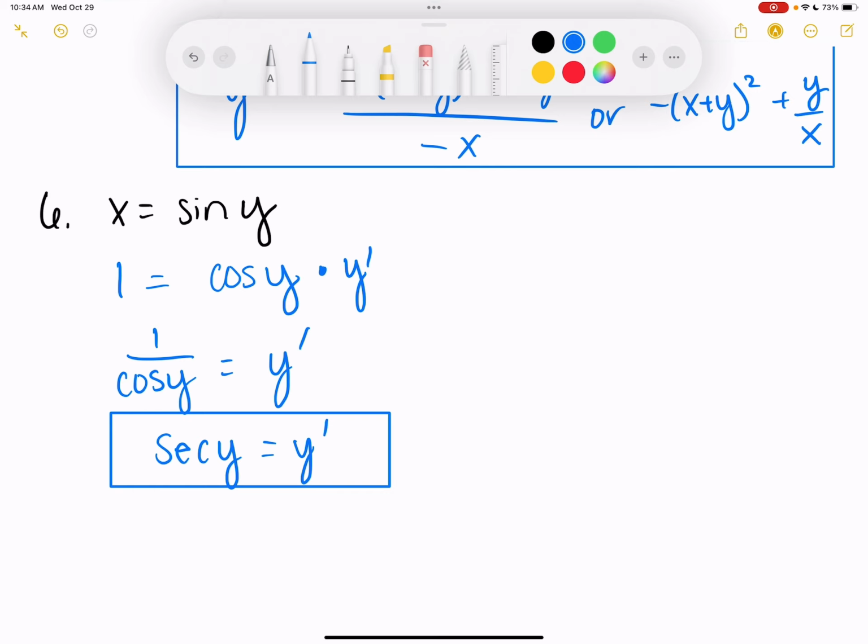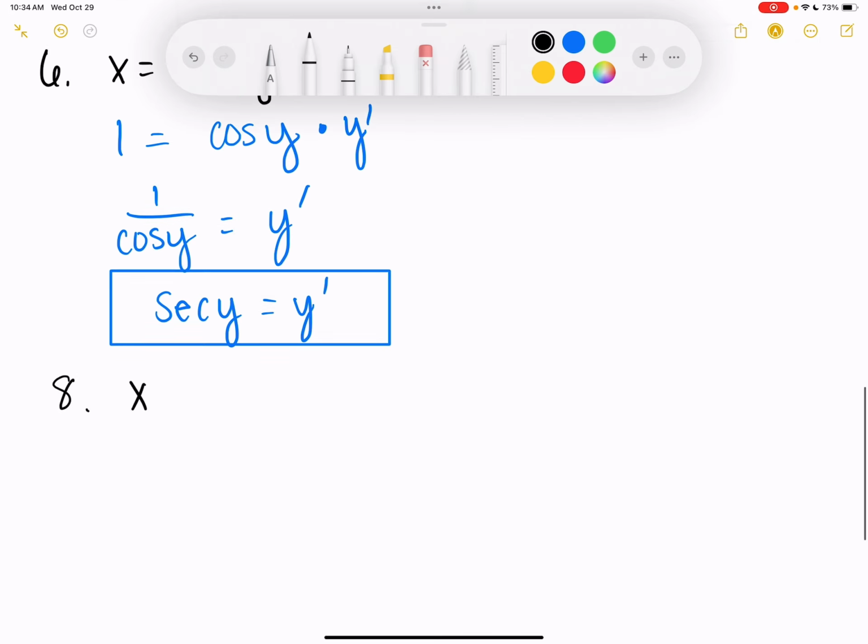Do one more like this. 8. I've got x plus the sine of y is equal to x times y.